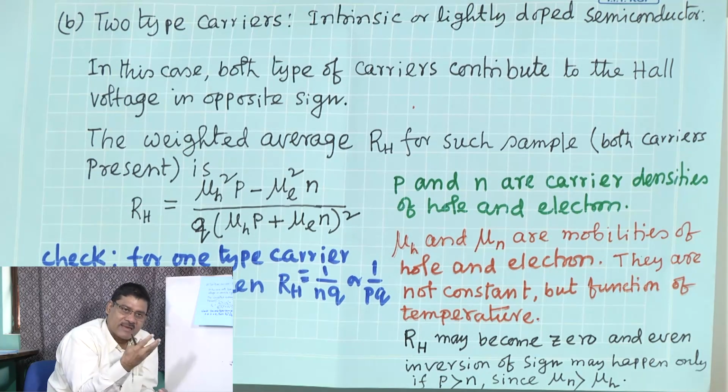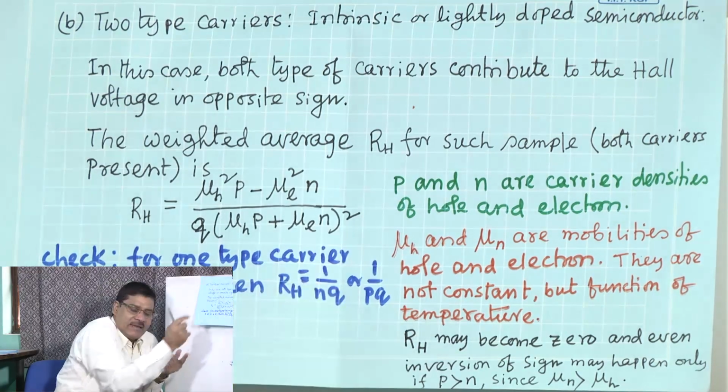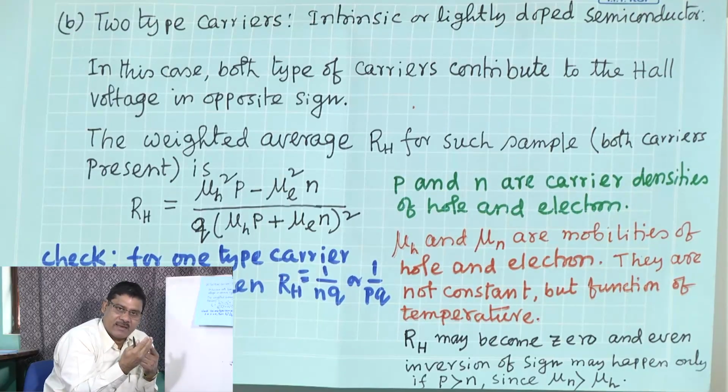Here I am telling in terms of mobility. Basically, mobility is defined by the drift velocity divided by electric field. So per unit electric field, what is the drift velocity? That is called mobility.